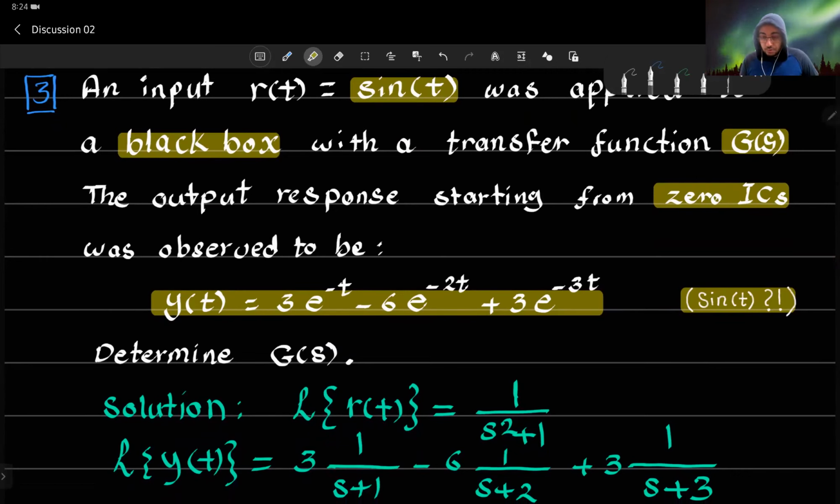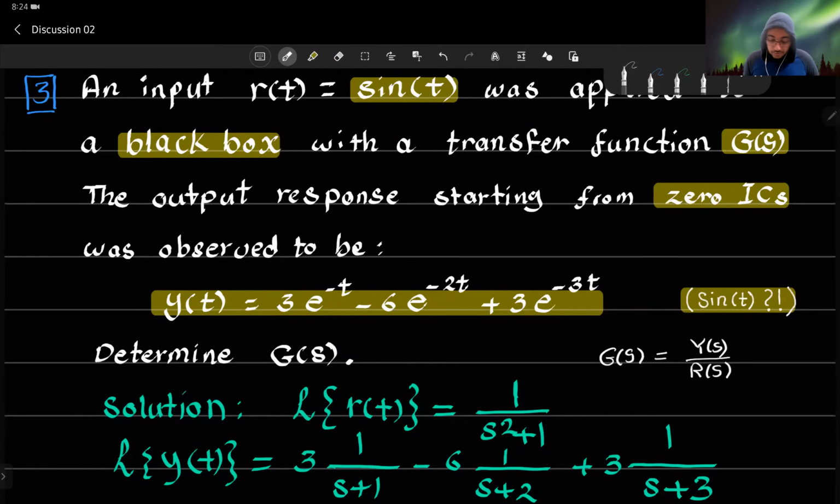So the solution of this is very simple. We know that the transfer function of the system is equal to the Laplace transform of the output divided by the Laplace transform of the input.